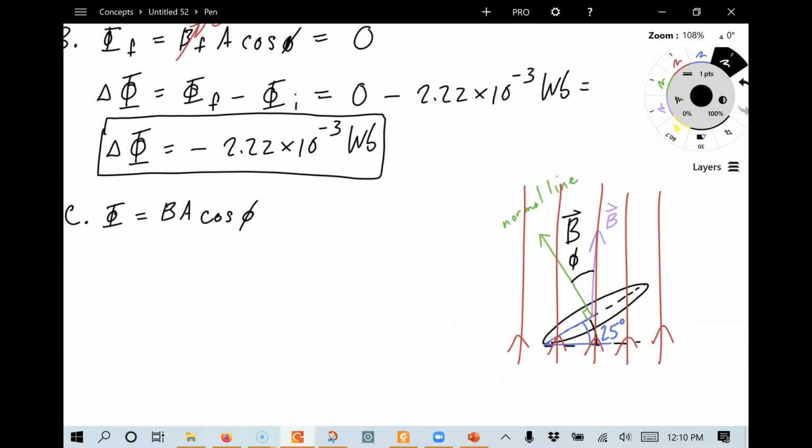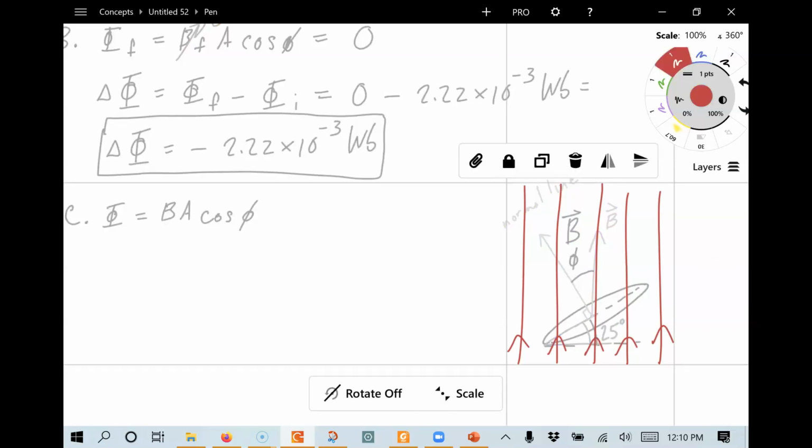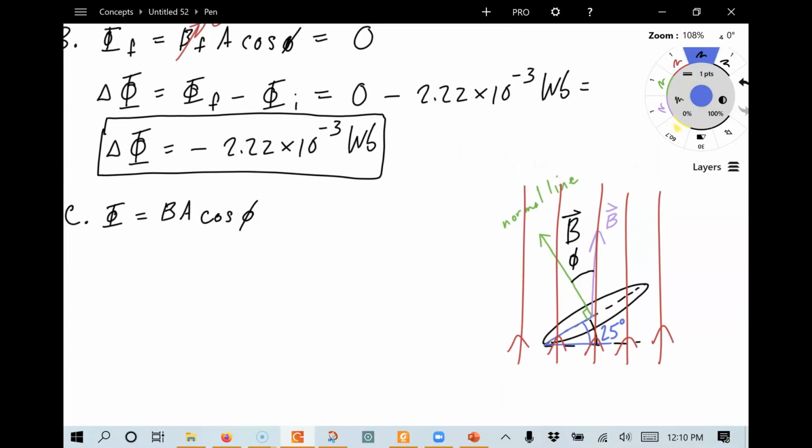And the question is, if we want to have the least amount of magnetic field lines pass through, in this case, we want 0 magnetic flux, which way should we rotate this? Should we rotate it that way? Should we rotate it that way? Well, another way to think about it is how do you rotate the normal line, that way or that way, right? Same idea.